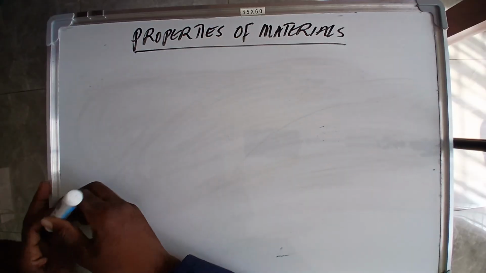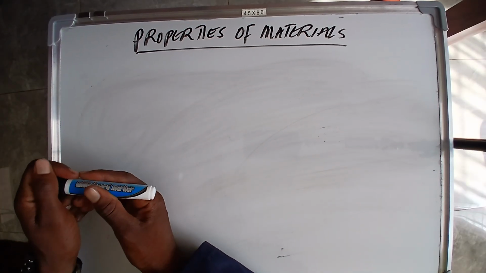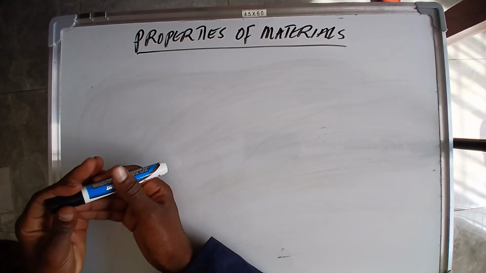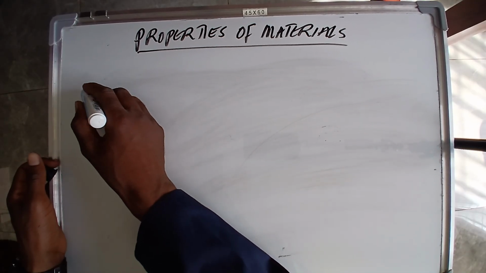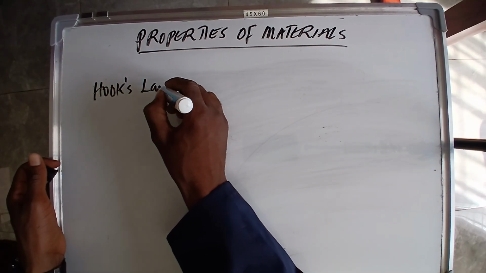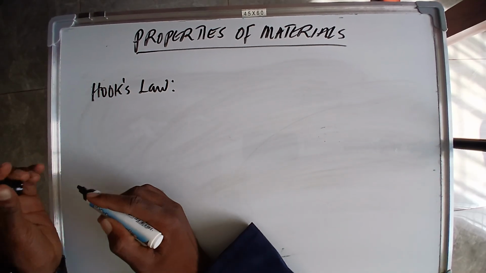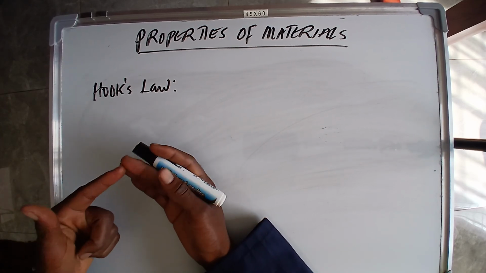Then we have to know some other terms. The first term that we would want to define is Hooke's law. This is the other term apart from stress, strain and Young's modulus.